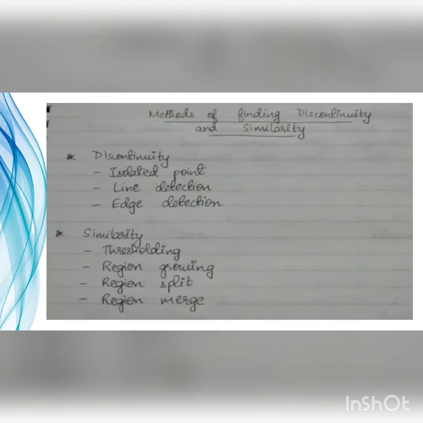Under discontinuity, we can perform image segmentation by using isolated point detection, line detection, and edge detection. And we can find similarity by using methods called thresholding, region growing, region splitting, region merging, etc. Here we are mainly discussing the methods for finding discontinuities, mainly isolated point and line detection.